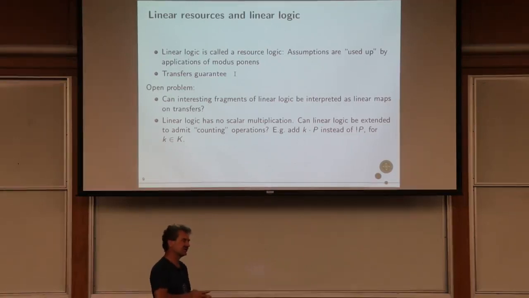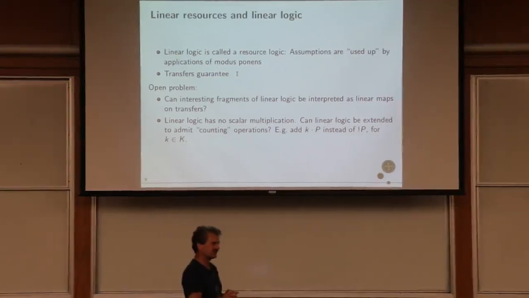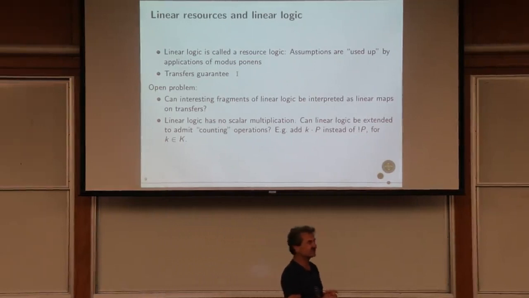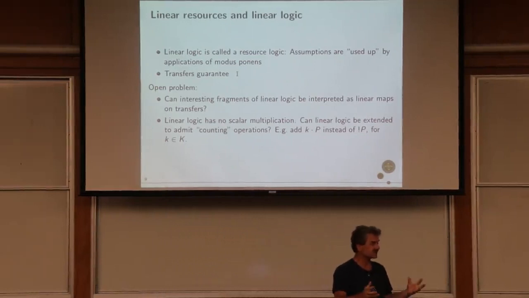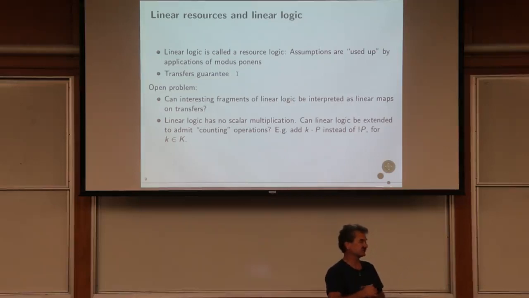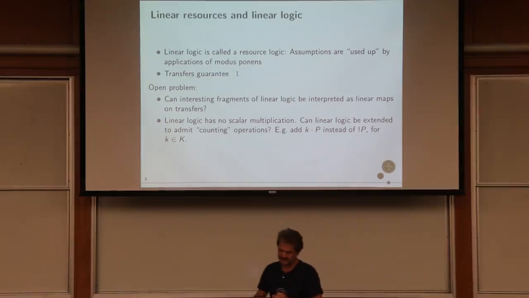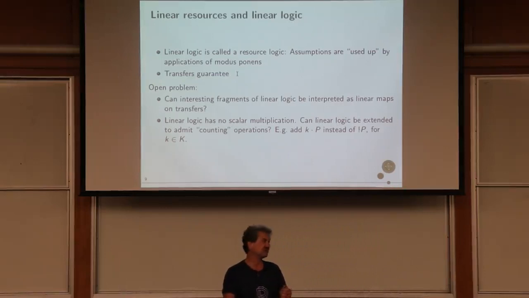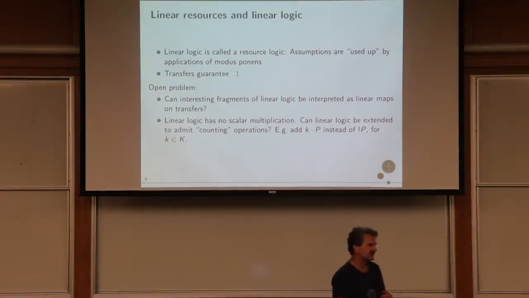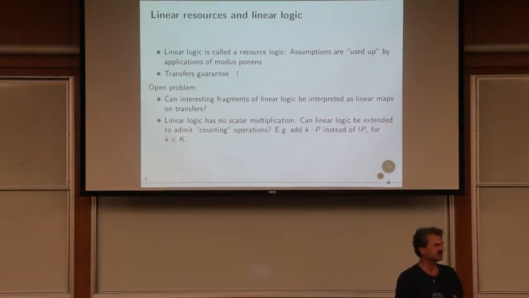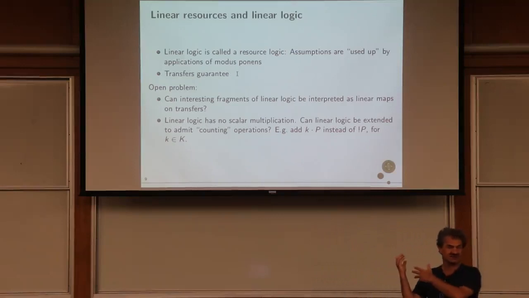So interpret the sequents, the judgments of linear logic, as a resource transfer, and then the implications as linear maps on those. If that's possible, then there are certain operations in linear logic that don't sound familiar. They're not expressed here. For example, you can't scale something k times, or a fractional number of times.